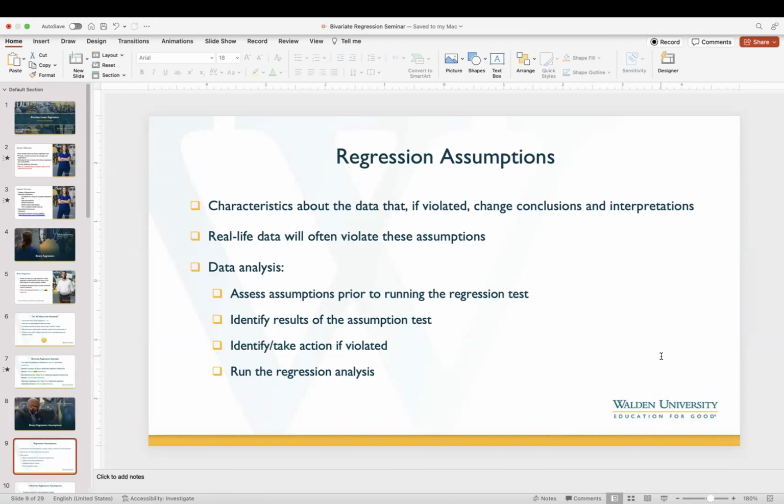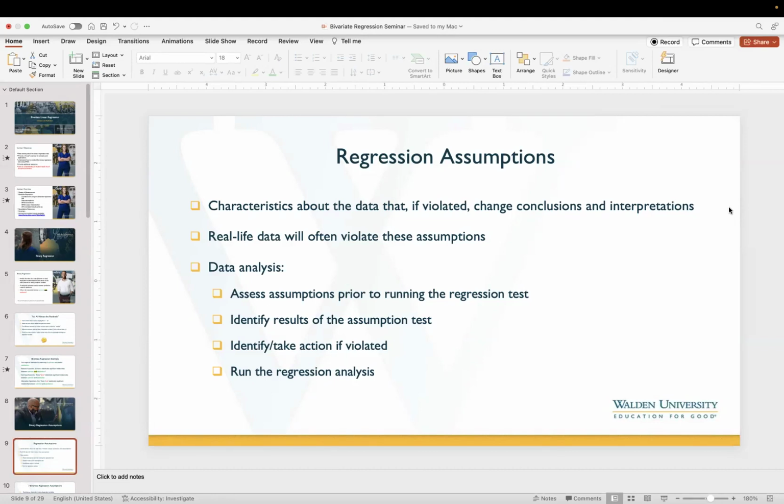That's what the data assumptions are, not the assumptions you write about in chapter 1, where you assume that everyone responds honestly and you assume this and that. These are assumptions regarding the data, okay? However, in real life, 99% of the time, these assumptions are violated.